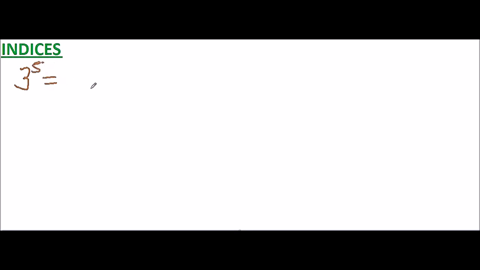What it means is 3 multiplied by 3 multiplied by 3 multiplied by 3 multiplied by 3. That is, 3 multiplied by itself 5 times. So we refer to 5 as the power.